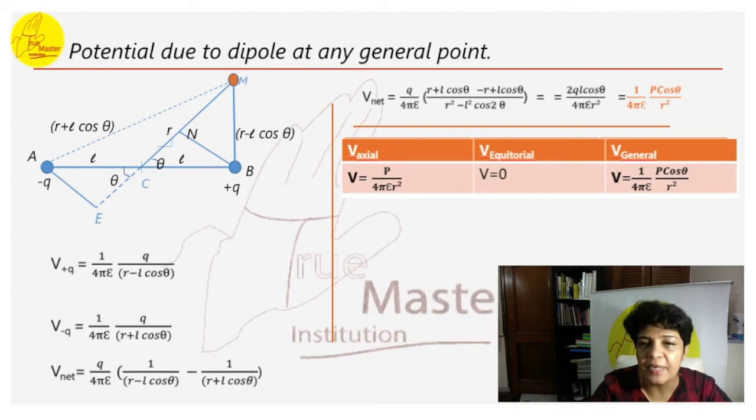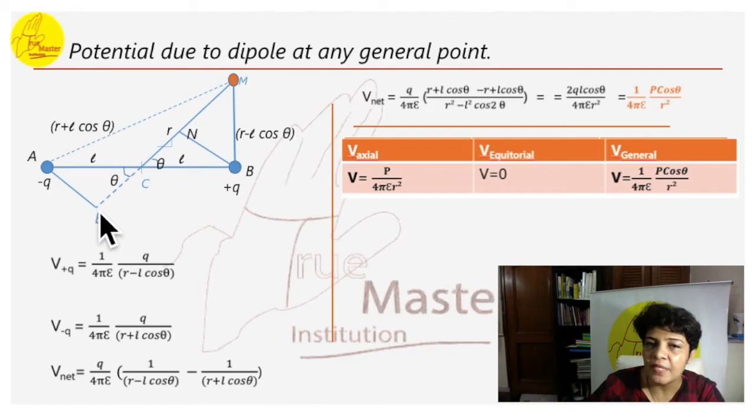Let me try to explain it again. Consider angle ACE. In this angle, what is cos theta? Cos theta will be CE by L. So CE can be written as L cos theta.